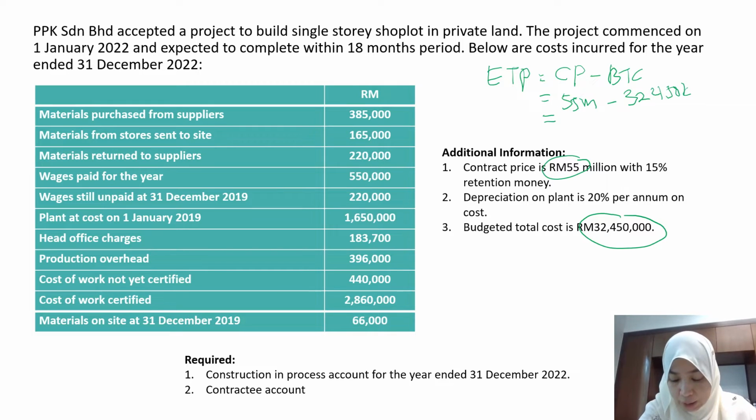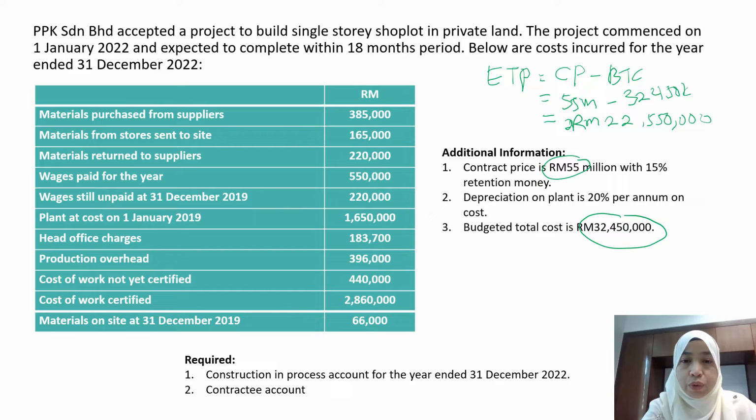Then you will get the estimated total profit in order to complete the contract, 22,550,000. This estimated total profit you will record into accounts.